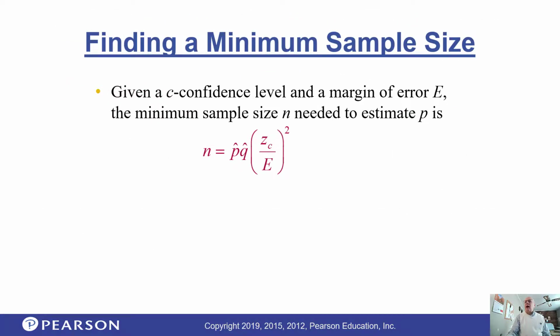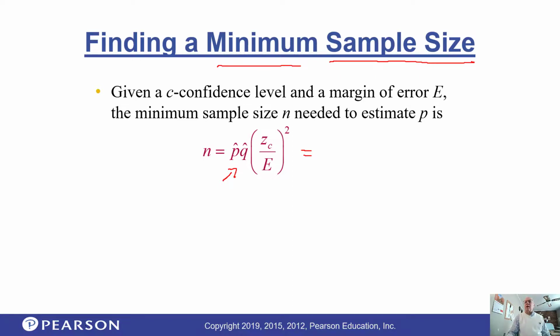Lastly, how do you figure out what sample size you have to have? All you need to do is take these numbers that you've got available, put them into this formula, and see what you get. Remember, as before, whatever you get, round it up to the next whole number if it isn't already a whole number. And this is only the minimum.